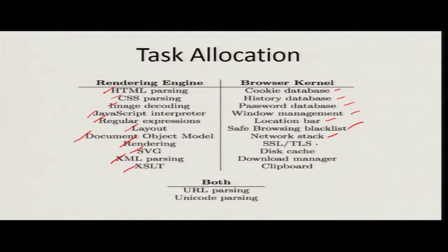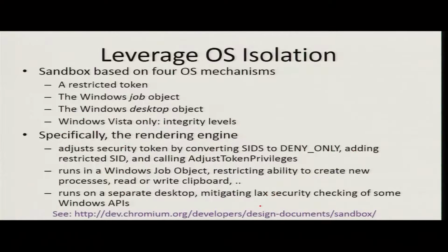Network stack, SSL/TLS, which is the secure socket layer that you use for HTTPS, disk cache, download manager, clipboard, and so on. And both are responsible for URL parsing, Unicode parsing, and so on. So, this is more or less the division of work between the kernel and the different rendering engines.